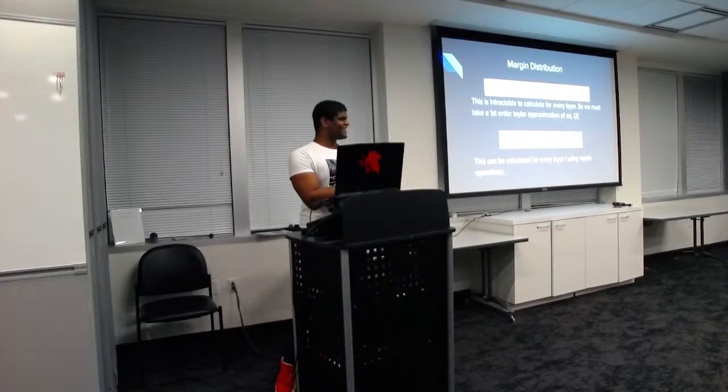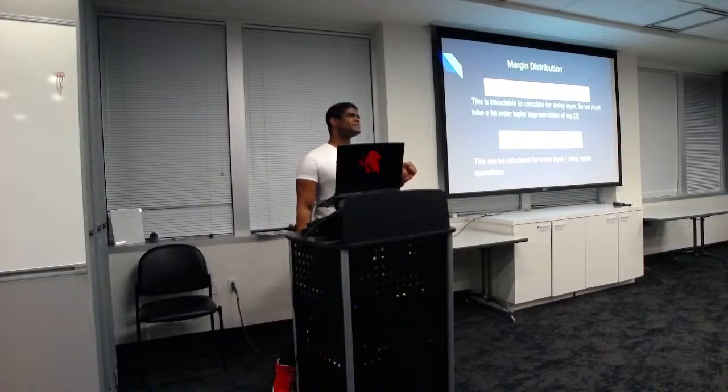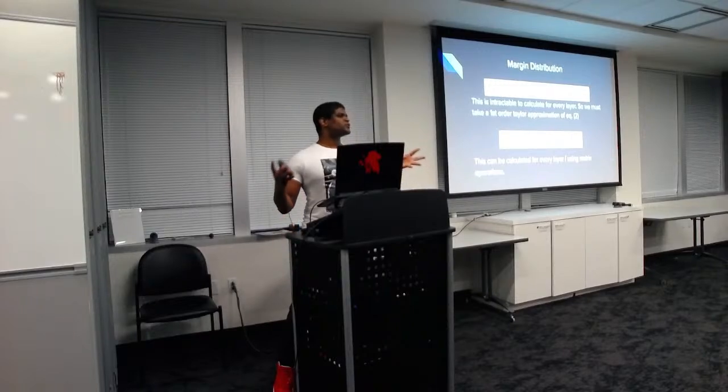And I'm trying to remember how it happened in code, so bear with me for a little bit. All right, so you take the first order Taylor approximation, and then you calculate it with each layer.